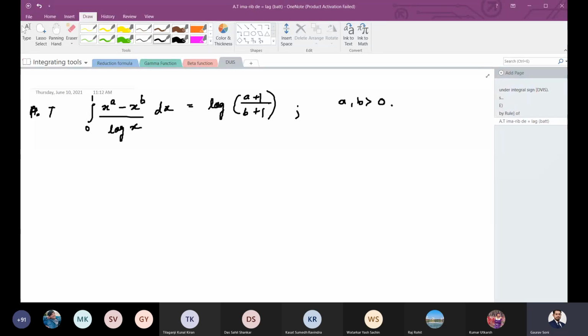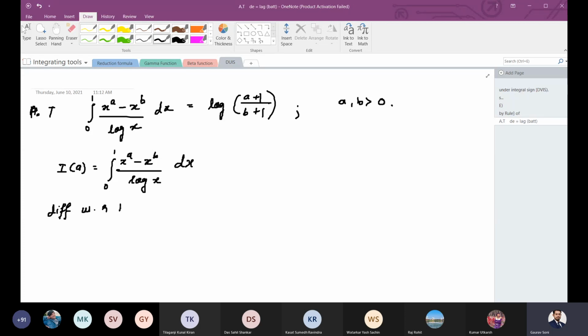What is the difference here? The difference is now we have two unknowns, I mean a and b, right? So I'll assume I of a equal to integration 0 to 1 of x raised to a minus x raised to b upon log x dx. I'll go by our regular method. I'll take the differentiation with respect to a.